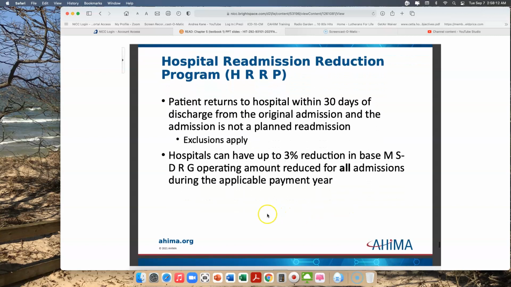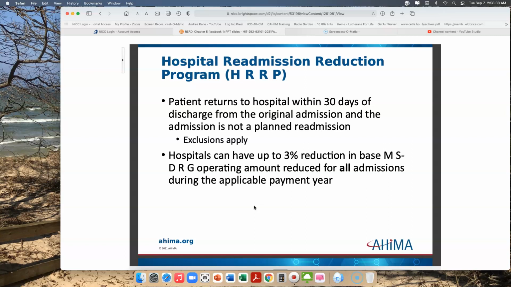They also instituted what's called the Hospital Readmission Reduction Program. This is where the patient returns to the hospital within 30 days of discharge from the original admission, and the admission is not a planned readmission. And usually they're looking to see, is it something that is associated with that first admission.